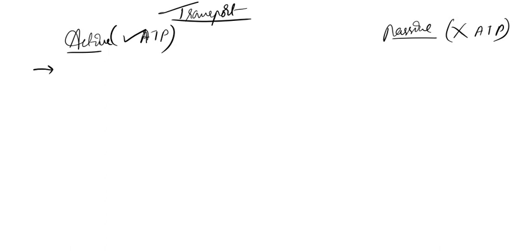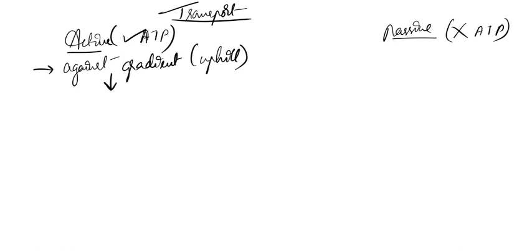Active transport happens against the gradient. This is also called uphill. Against the gradient means it happens from high concentration to low concentration, right?